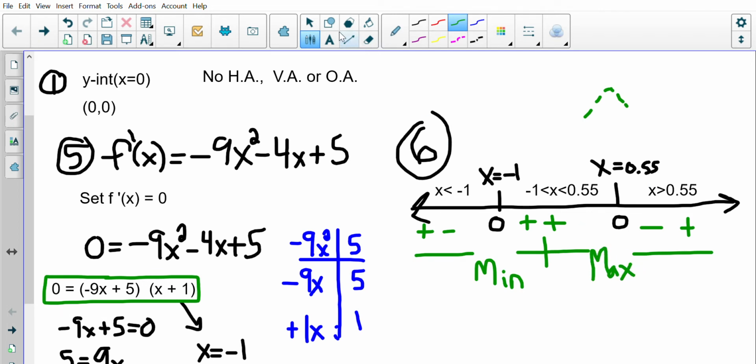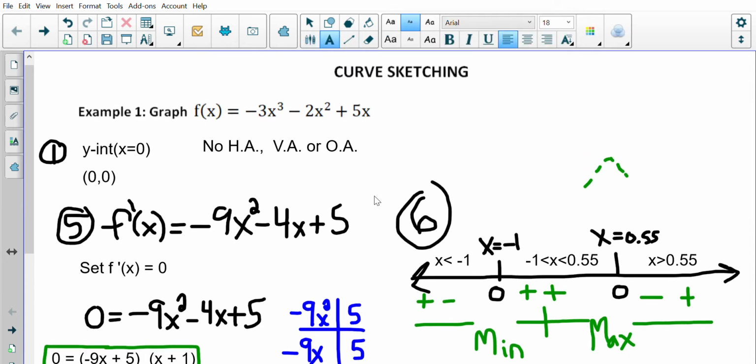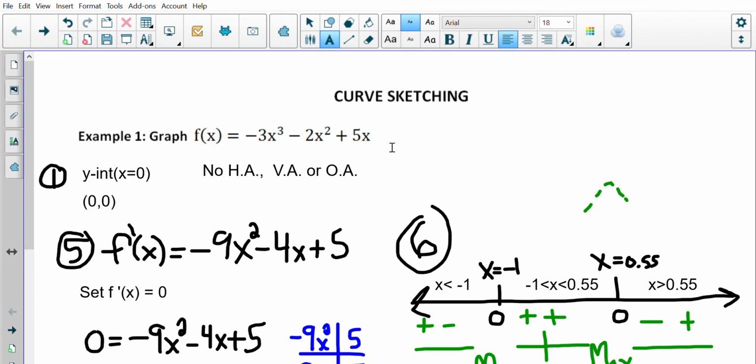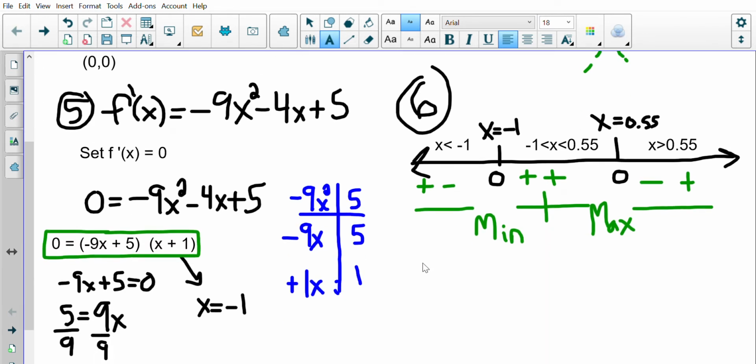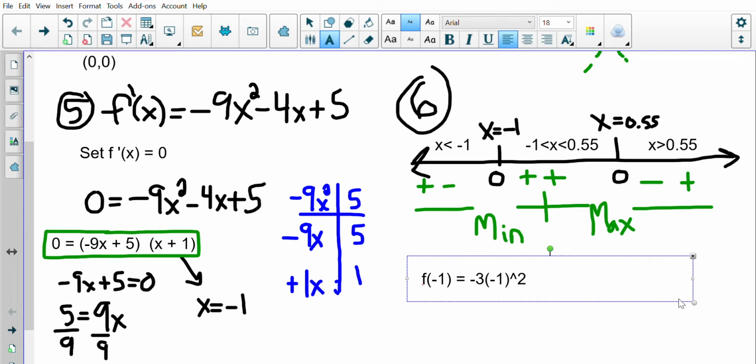All right, so what I need to do is substitute those values into my original equation way up here and find out what those values are. So again, I'm subbing in f of -1 into my original function. And so we would have -3 times -1 squared minus 2x, which is, again, -1 squared.